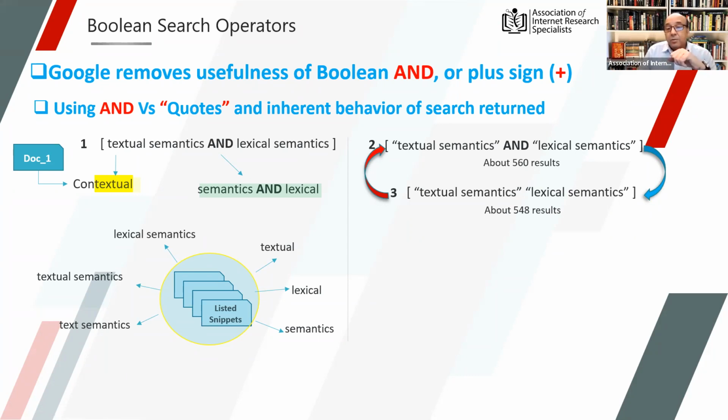Now, if I had to remove the A and D from here, would I still be getting somewhat similar, if not the same, results? You could say yes or no between 2 and 3, now that you know what quotations does. So between 2 and 3, you can assume that it is more or less the same results.